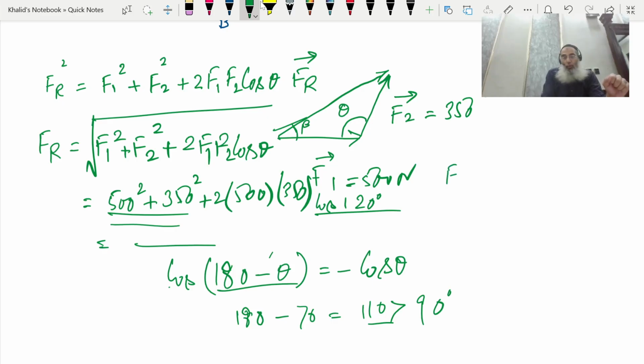Then F2 divided by sine beta, the sine of the opposite angle, is equal to FR divided by sine theta.